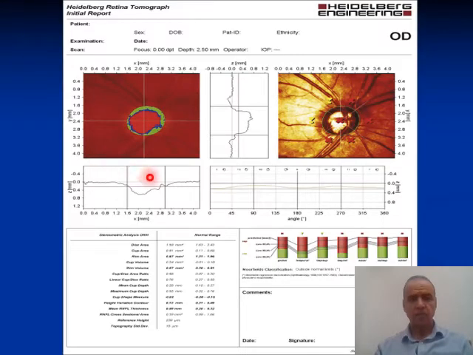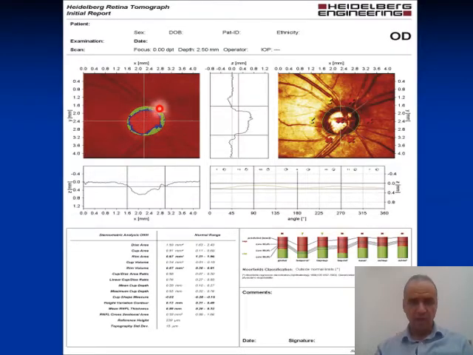As you saw in the previous slide, there is variation in the subjective assessment of CD ratio. For this reason, there is a need to assess the CD ratio by an objective method. And here is the assessment of the CD ratio by Heidelberg retinal tomography. You can see the red color here is the cup.